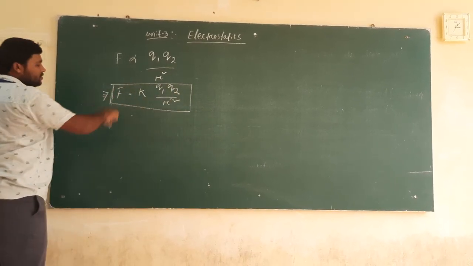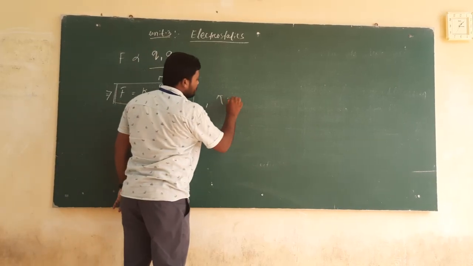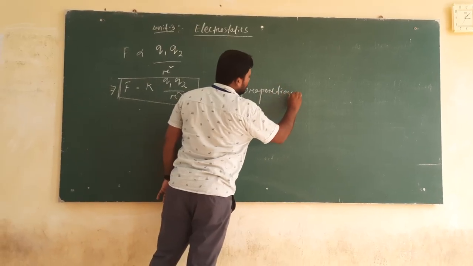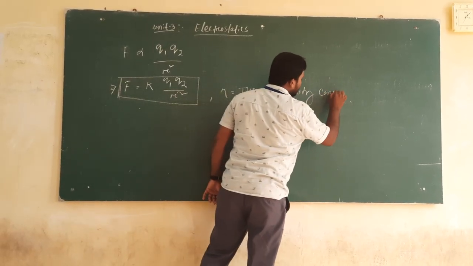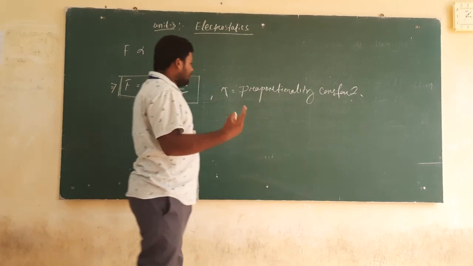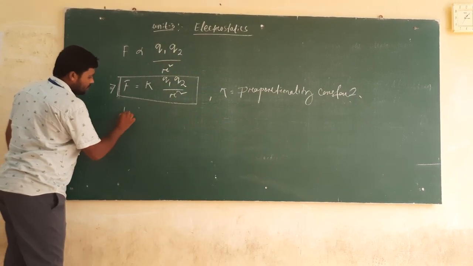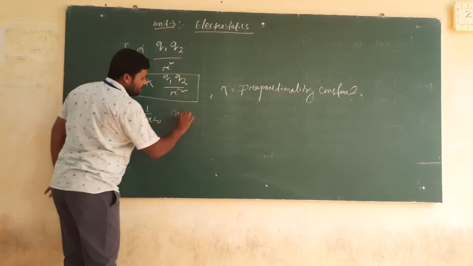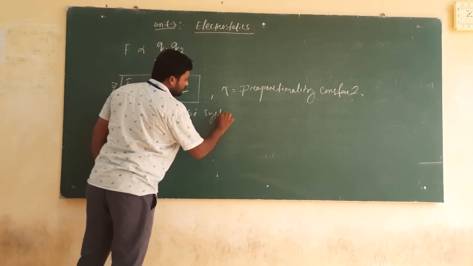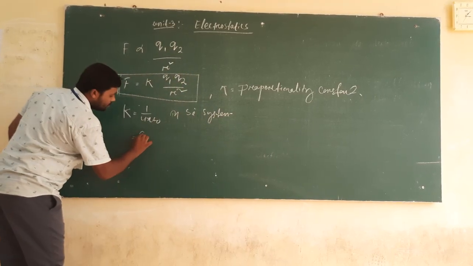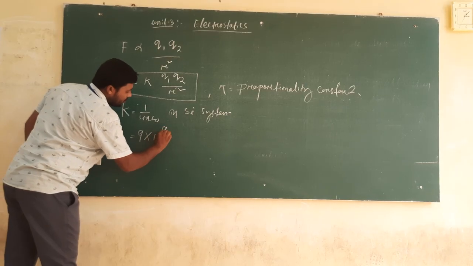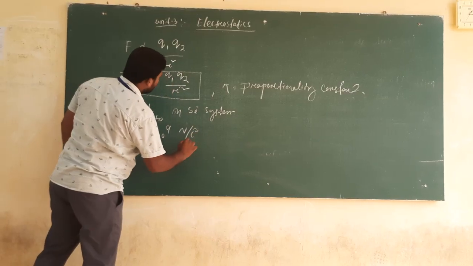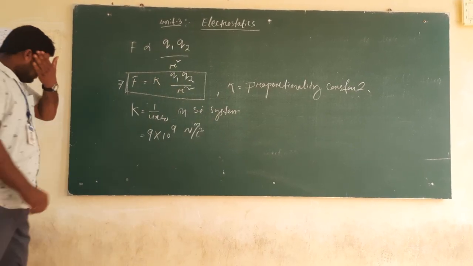This is the required expression where k is the proportionality constant and it has a value. You can tell k is equal to 1 by 4 pi epsilon naught in the SI system, which has the value 9 into 10 to the power 9 Newton meter square per Coulomb square.